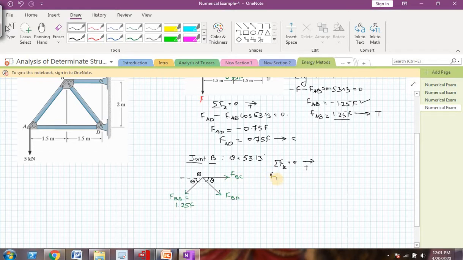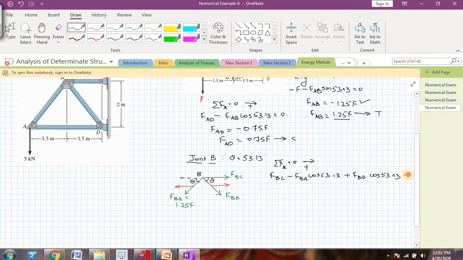So I will end up with this kind of an equation: FBC minus, since these two are inclined, this will have a component in this direction and this will have a component in this direction, minus FBA, or I can say minus 1.25 F cos of 53.13, plus FBD into cos of 53.13.